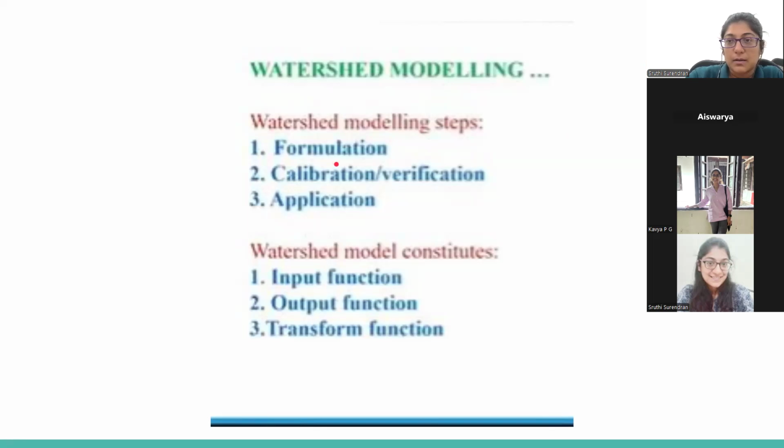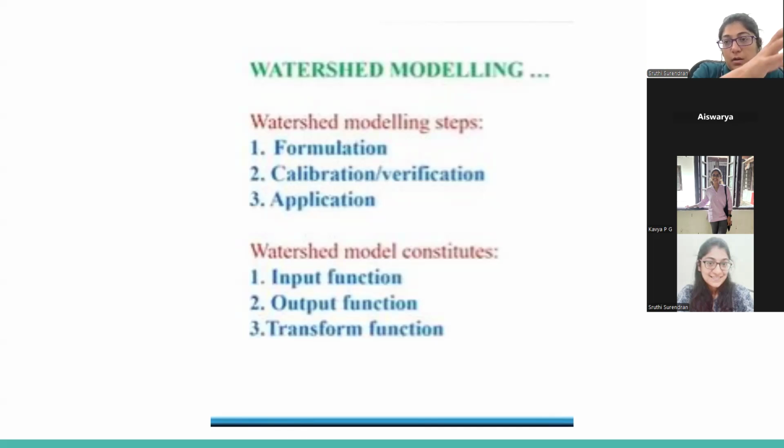Now, what are the basic constituents of a watershed model? The input function, how much water is entering the system; the output function, all those equations that simulate how much water is exiting the system; and the transform function between this input and output function.